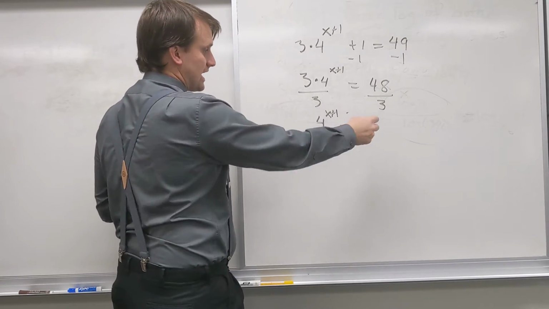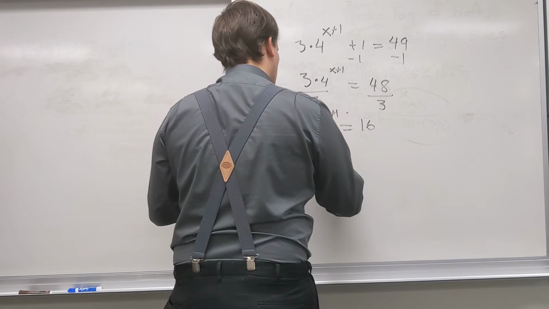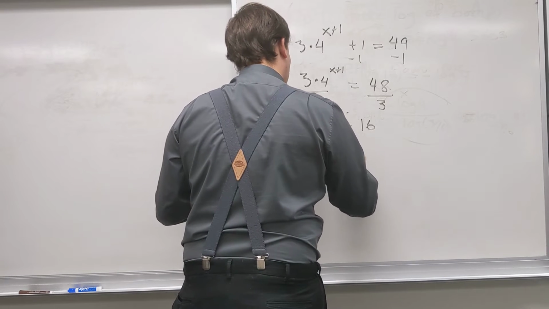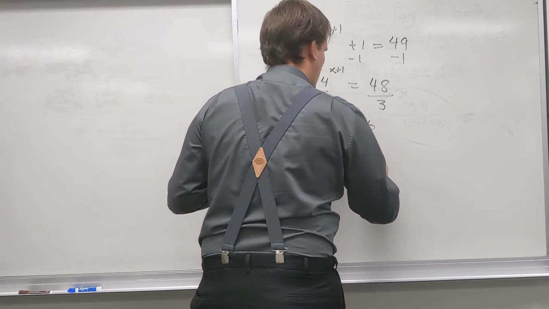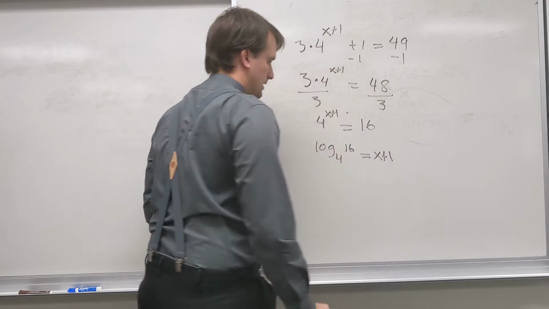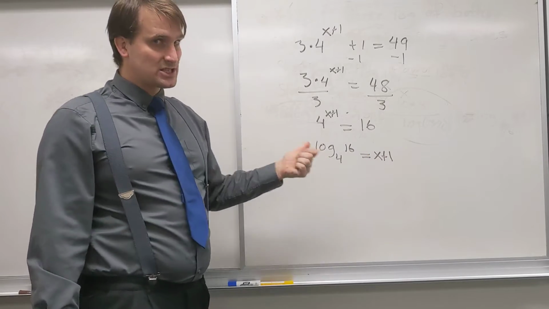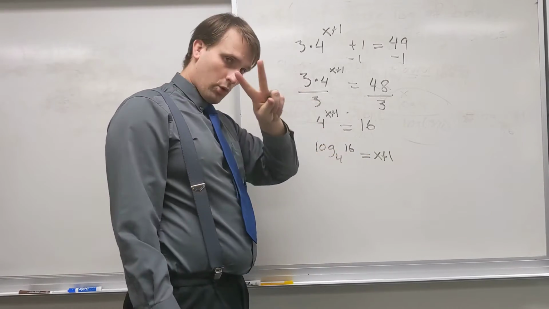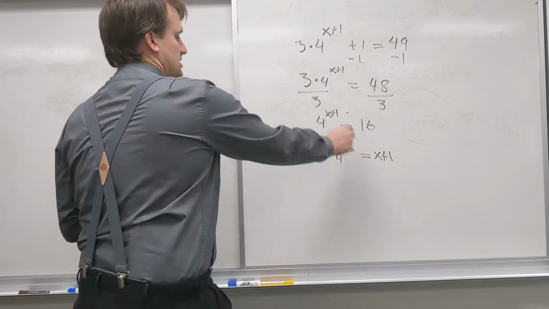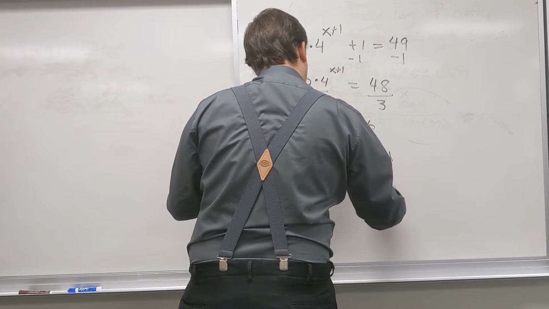So we're going to convert this exponential into a logarithm. That's going to say log 4 of 16 equals, when we take the input there, x plus 1. Now, log 4 of 16, we know that that's 2, right? 4 times 4, so 4 squared is 16. So this is 2 equals x plus 1.